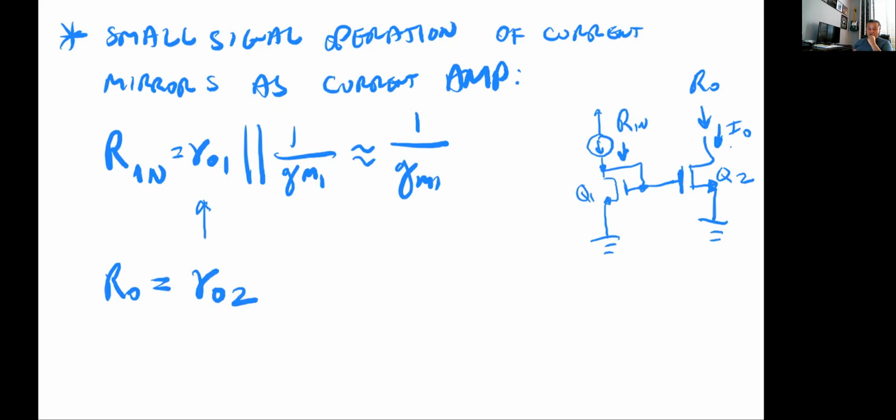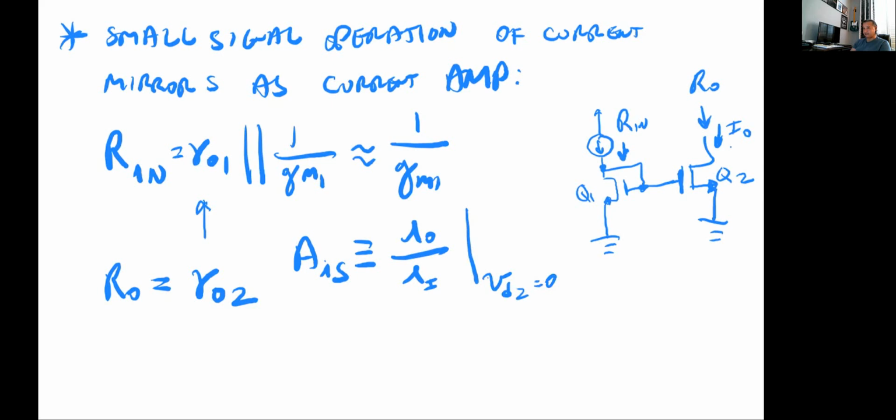Now let's look at our gain. Next we have to look at the gain, which is defined as the small signal gain, i_out divided by i_in, with the voltage at the drain of transistor 2 at 0.